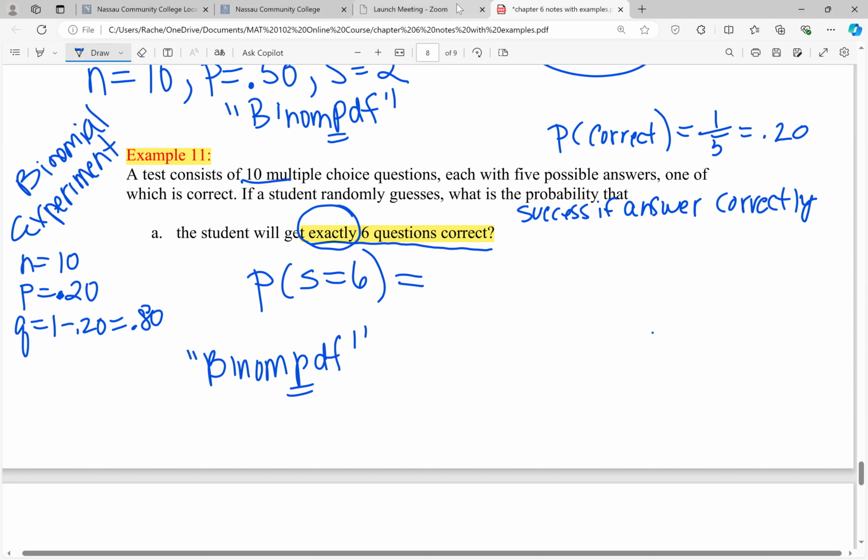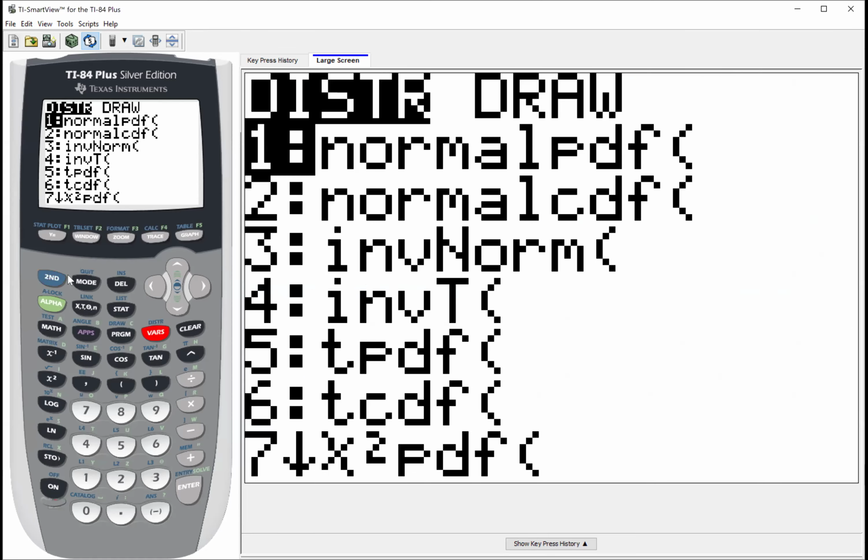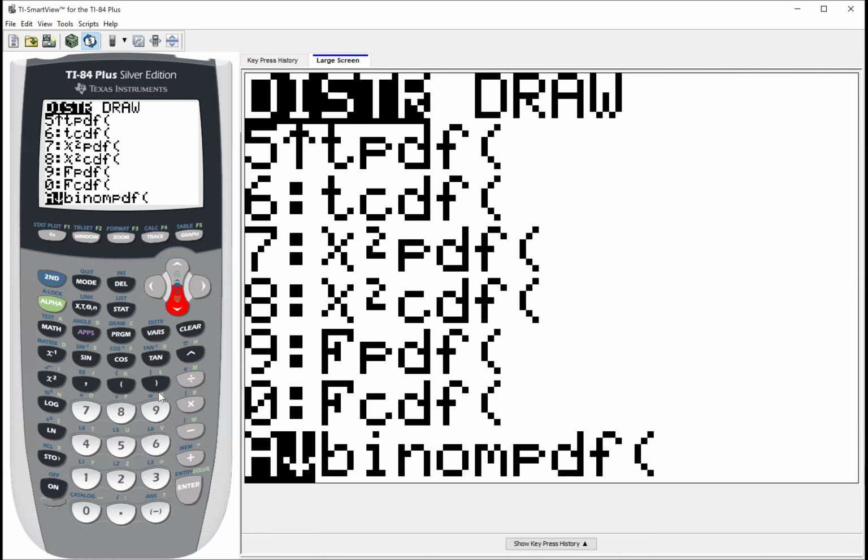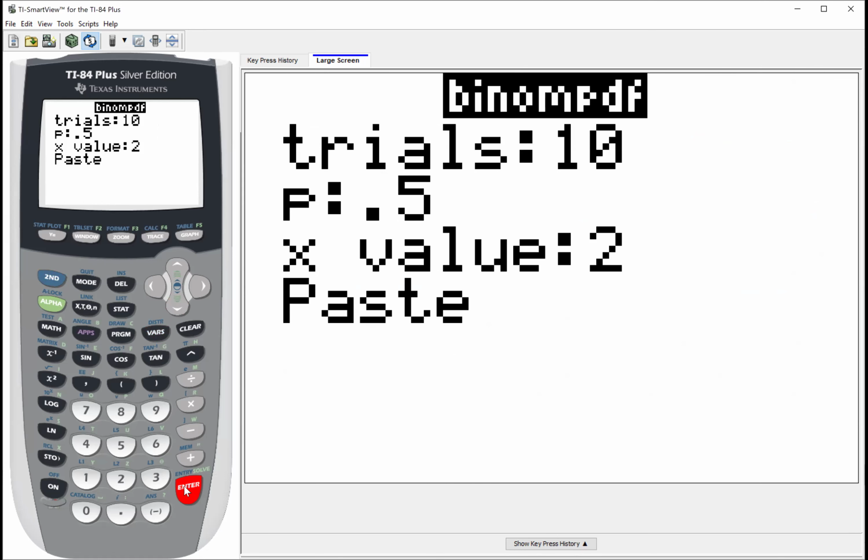So let's go to the calculator. Let's pull up binom PDF, so second and then the vars key. And then we're going to scroll down to option A, which is binom PDF. So the number of trials in this case is 10, because there's 10 multiple choice questions.